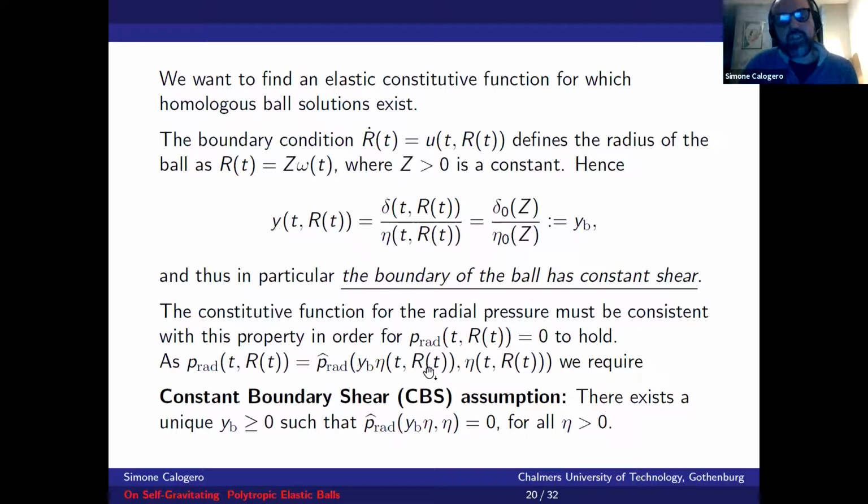And I want this to be 0 for all possible values of eta, because otherwise, since eta at the boundary is essentially the total mass divided by the cube of the radius, if it's not true for all eta, then the only homologous solution would be the static solution. So I will require that my polytropic elastic, let's call it constitutive function, should satisfy this constant boundary shear assumption, namely that there exists a unique y_B greater than or equal to 0, such that P rad(y_B, eta) is equal to 0 for all eta.